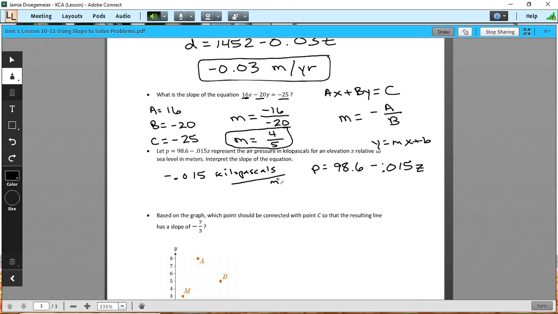So our pressure per meter is telling us that every time that we increase our elevation by 1 meter, our pressure is going to decrease by 0.015 kilopascals.